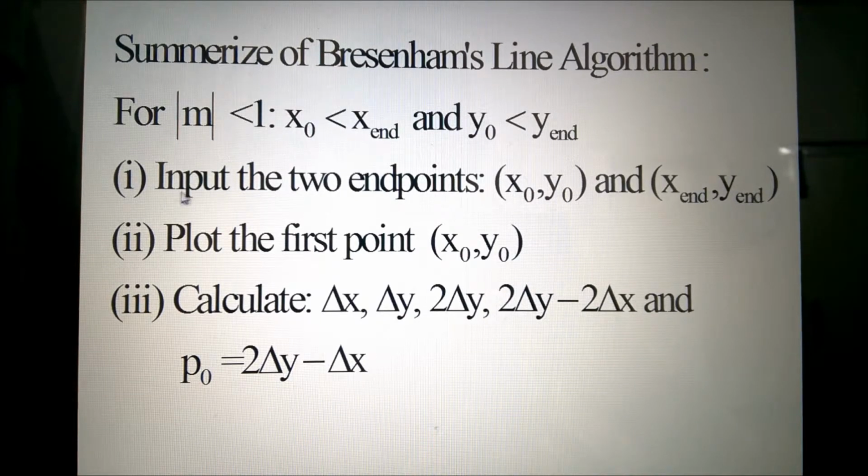In this case, we take two points, the starting coordinate and the ending coordinate, the two extreme ends of the line. First we plot the initial coordinate, the starting coordinate, and then we calculate this. Already I stated the meaning of delta x, delta y, and this is the initial decision parameter.